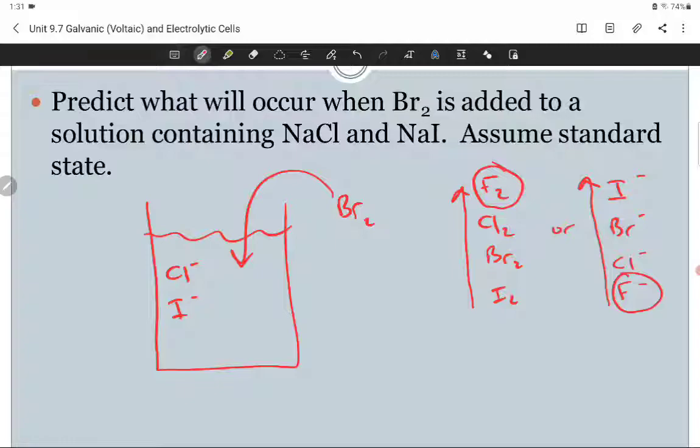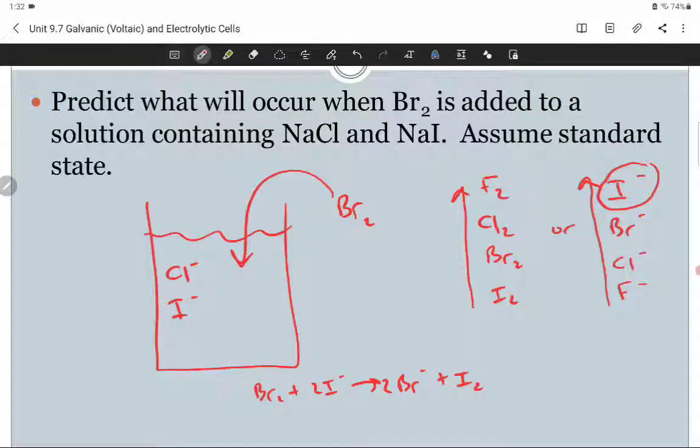So it looks to me like I minus is the most reactive ion. So if you take Br2 in there, Br2 plus 2I minus would give you 2 Br minus and I2.